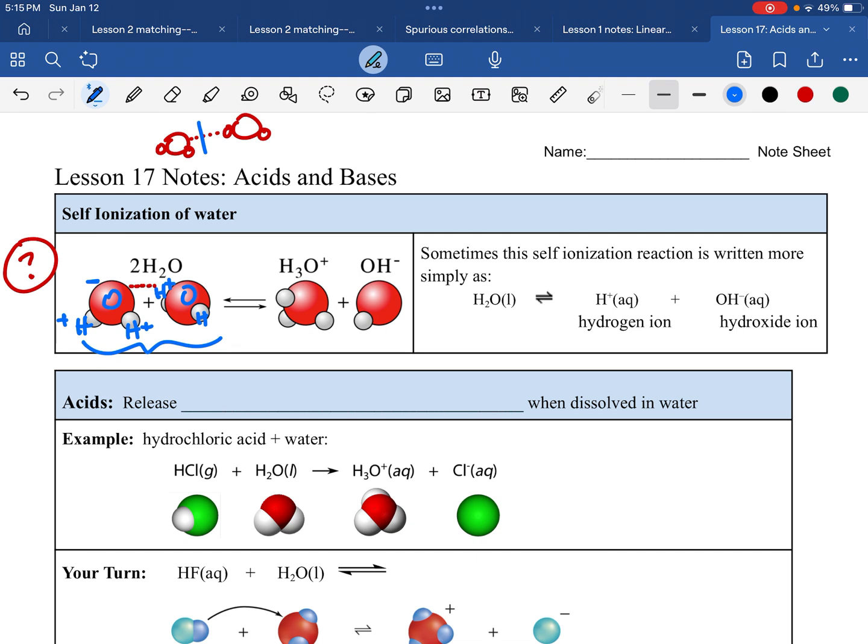Now, sometimes this hydrogen here will actually break off completely and bond with a covalent bond to the oxygen on another water molecule. Then what we have is H3O plus, because now this oxygen has three hydrogens bonded to it.